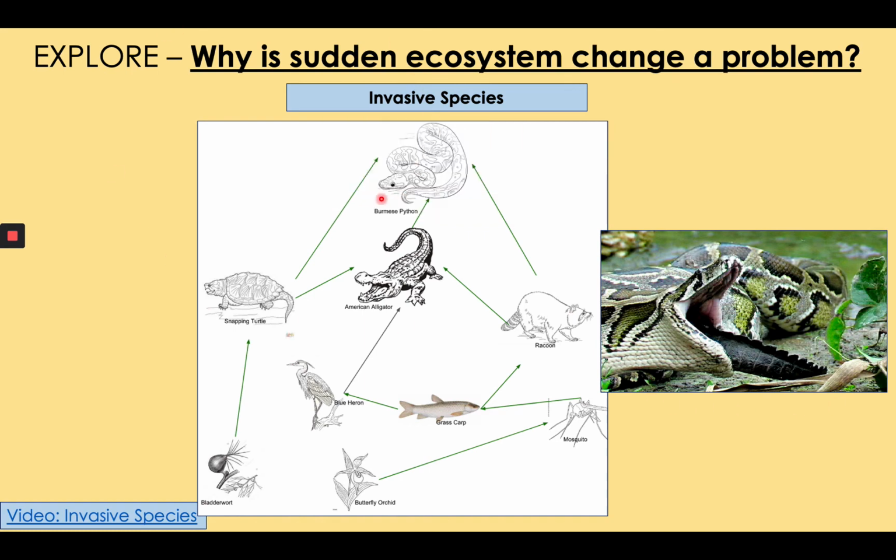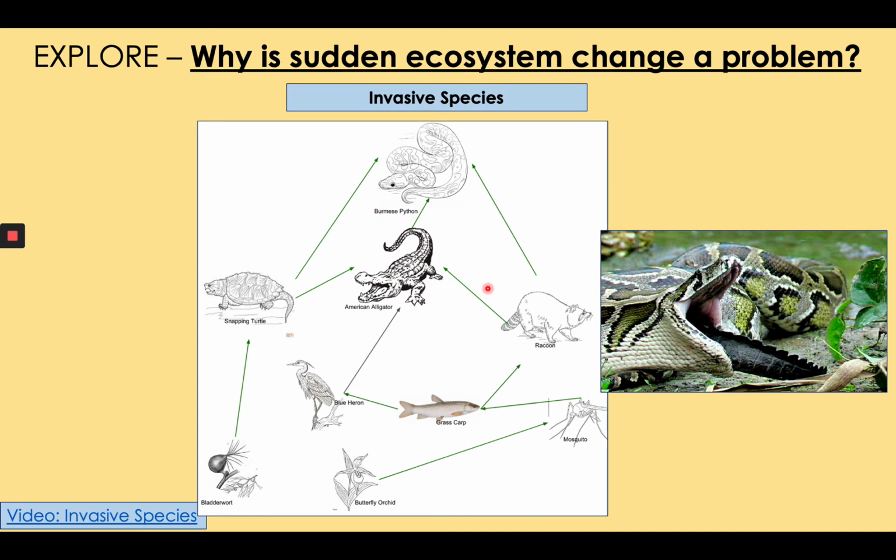The Burmese python has no predators in this ecosystem. Additionally, it is so good at hunting these other organisms because they have not adapted to it, so they can't survive its attacks, its camouflage, its speed. As a result, the Burmese python has led to a loss of biodiversity in this ecosystem by taking out too many of the consumers in the ecosystem.